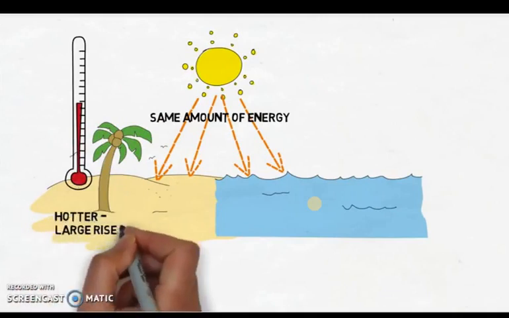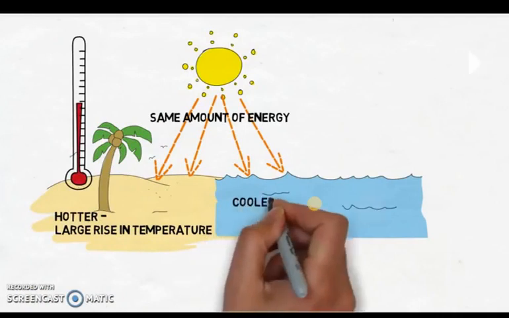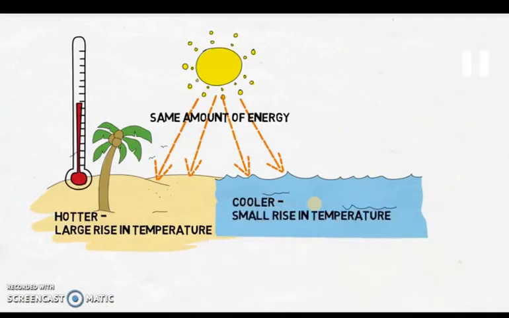They will increase at different rates. Because of the nature of the material, the sand, silicon dioxide, it's easier for the sand to gain heat as opposed to the water in the ocean.